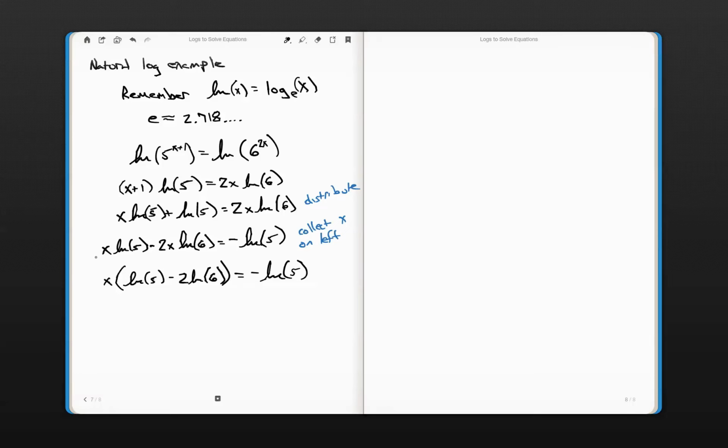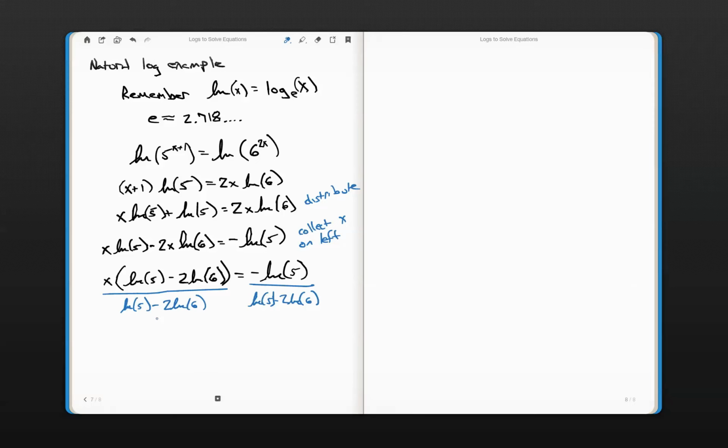I got the x out of there. Why do I do that? Because that allows me to get x by itself. I'm going to divide by ln of 5 minus 2 ln of 6, divide by natural log of 5 minus 2 ln of 6.